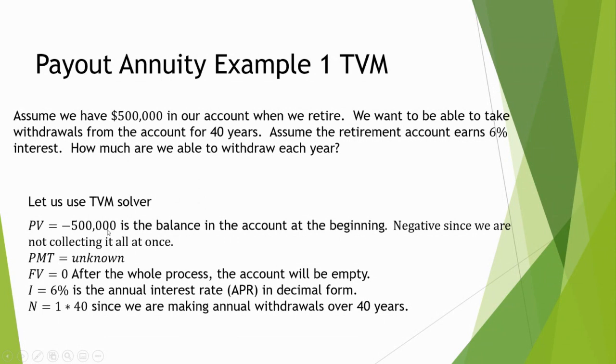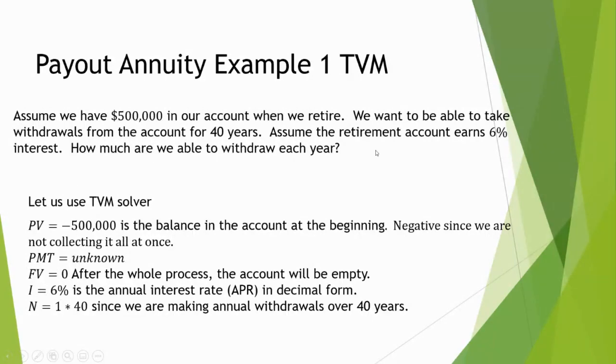That's negative. We're not taking it out initially. This is actually unknown. This is what we're looking for. After the whole process, there's going to be nothing left in the account. So that's why the FV, we set it to be 0. This is in the account. We don't have it. So that's why we're setting it as negative.